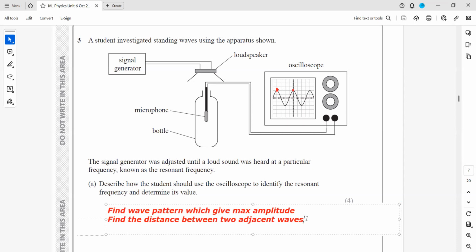For example, maybe one box stands for 30 millisecond, 20 millisecond, 50 millisecond. So multiply the number of waves with the division of each box.